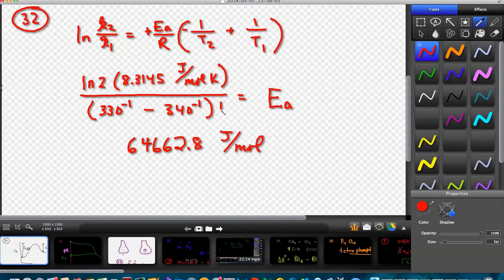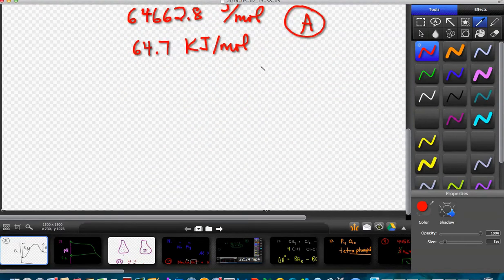Remember, we have Kelvin in the denominator right here. That is 64.7 kjoules per mole. And that matches up very nicely with A. So A is the credited response for number 32.